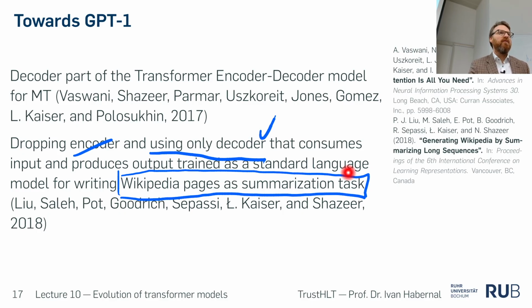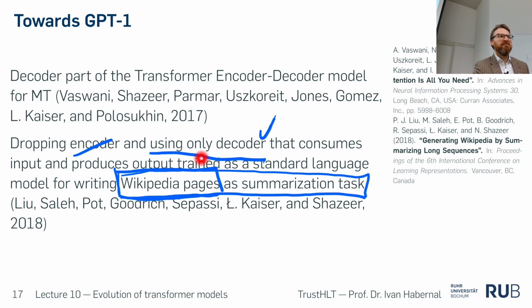Naively, what is summarization doing? It's sort of condensing information from a text. Right. It takes a long text and produces condensed information. So why do you think Wikipedia is a good source for this task? What makes Wikipedia special?